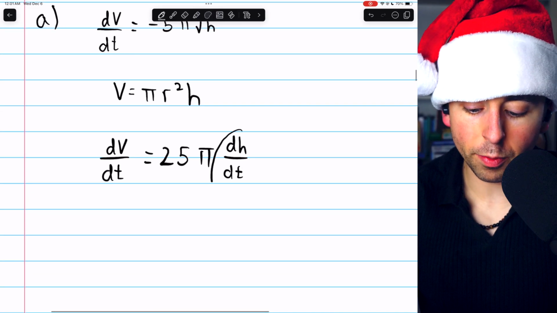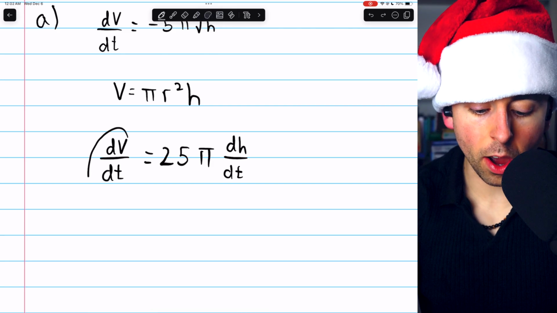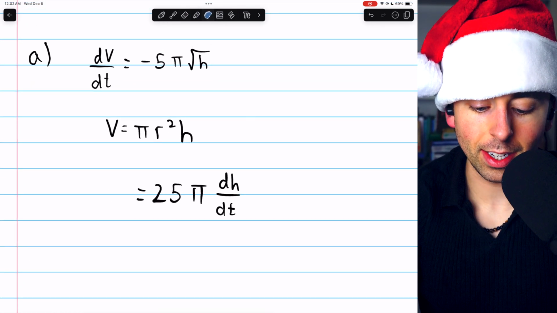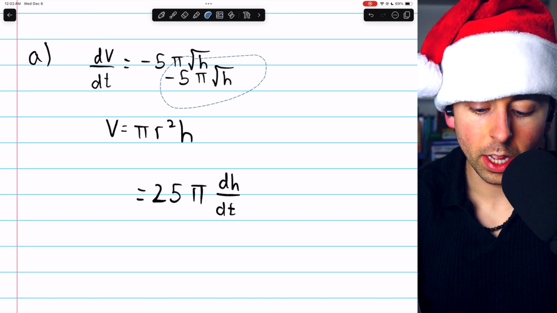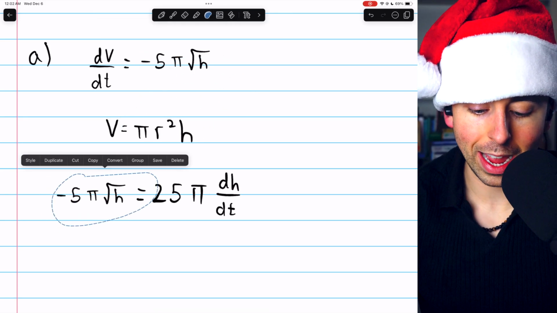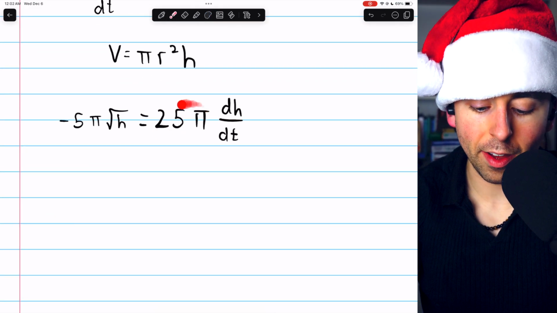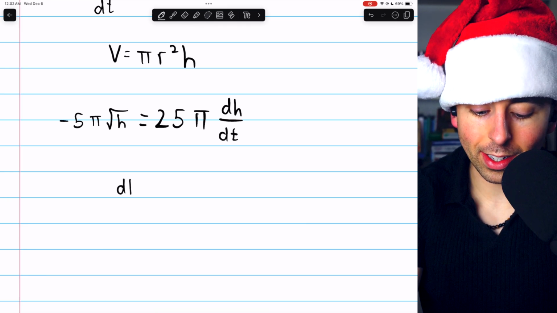Now we're trying to solve for dh/dt. We know what dV/dt is, so let's replace dV/dt with its given value, which is negative 5 pi root h. Now we'll just divide both sides of this equation by 25 pi in order to solve for dh/dt. And I'm going to write dh/dt on the left.